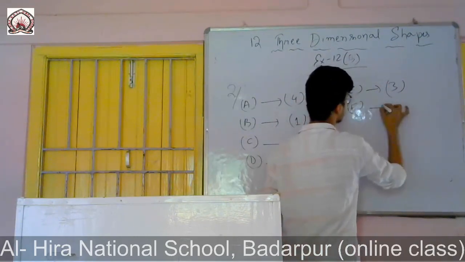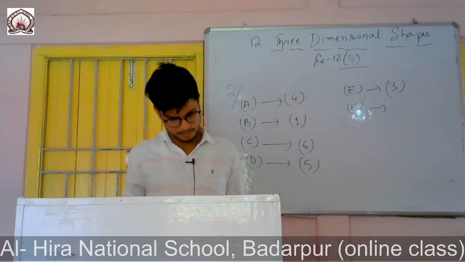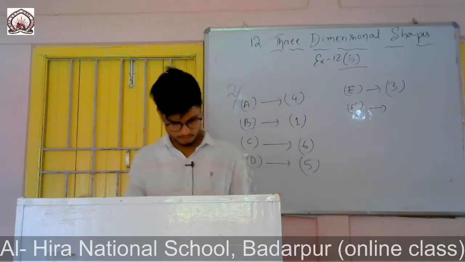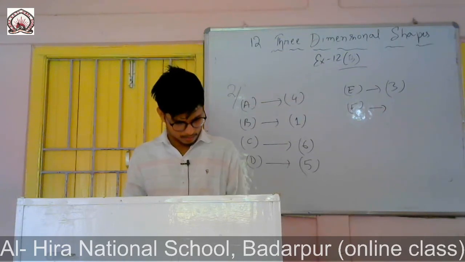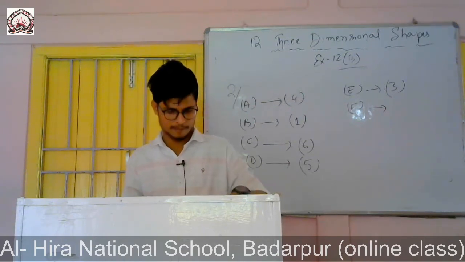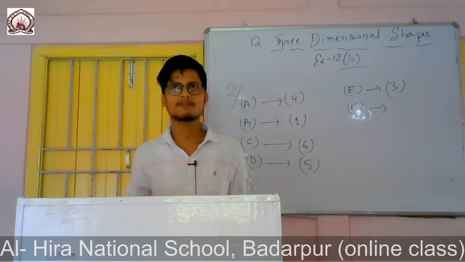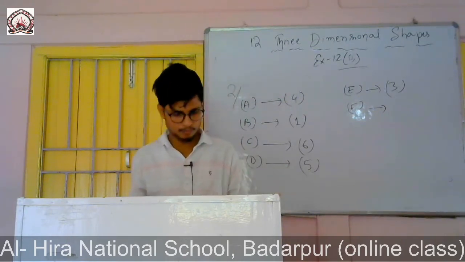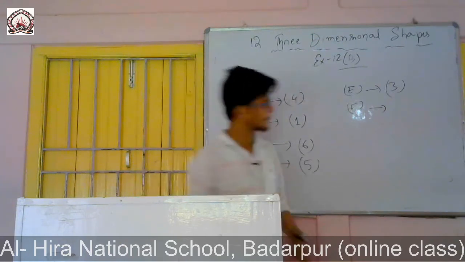Then F, triangular pyramid. You see only one triangle is given and another 3 triangles, that means ultimately 4 triangles will be there. So you see only one figure with 4 triangles, so F answer is 2.